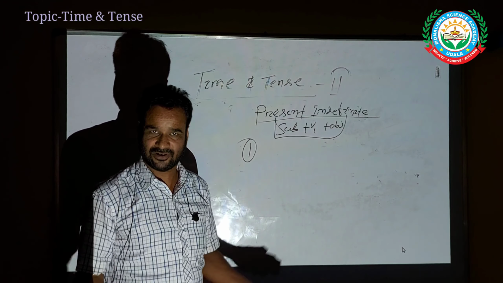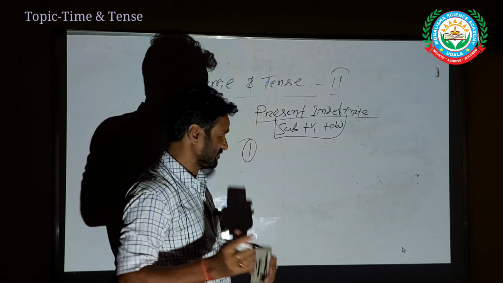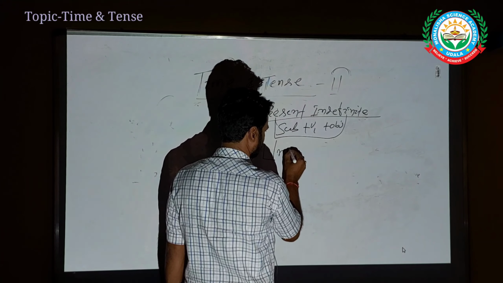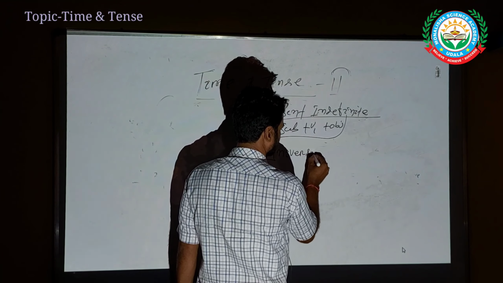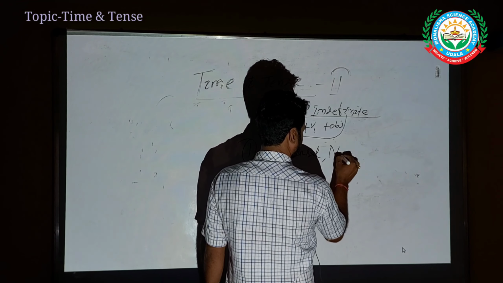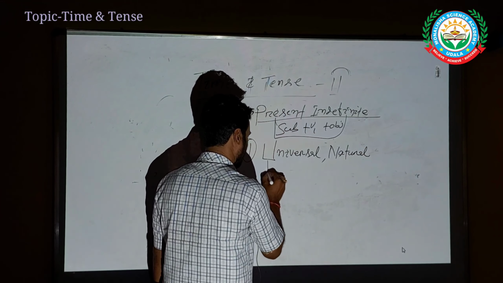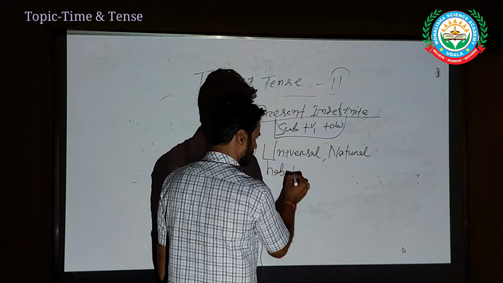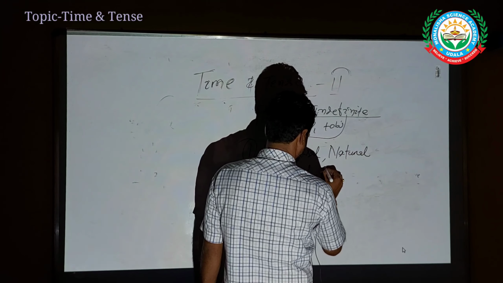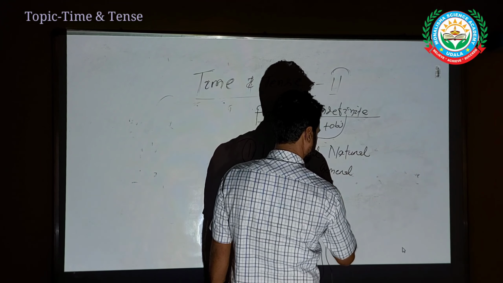applied in English grammar, right? First is, let me write in short, universal. Second is natural. Third is habitual. And fourth is general, right?